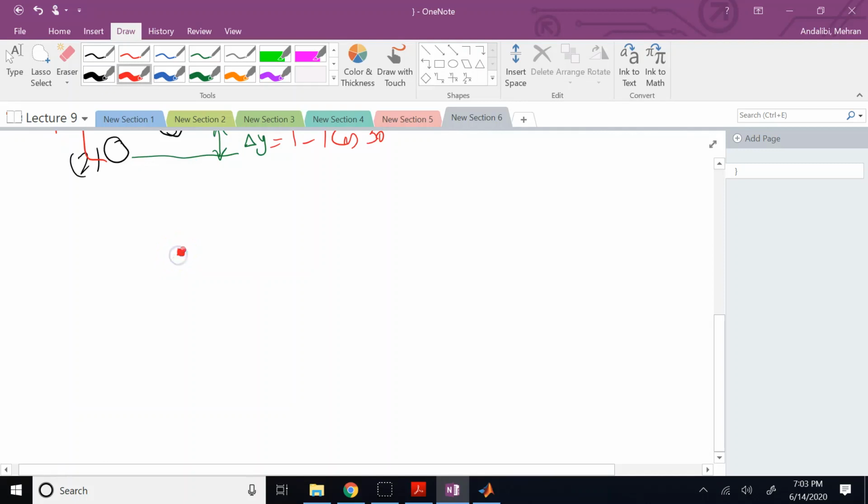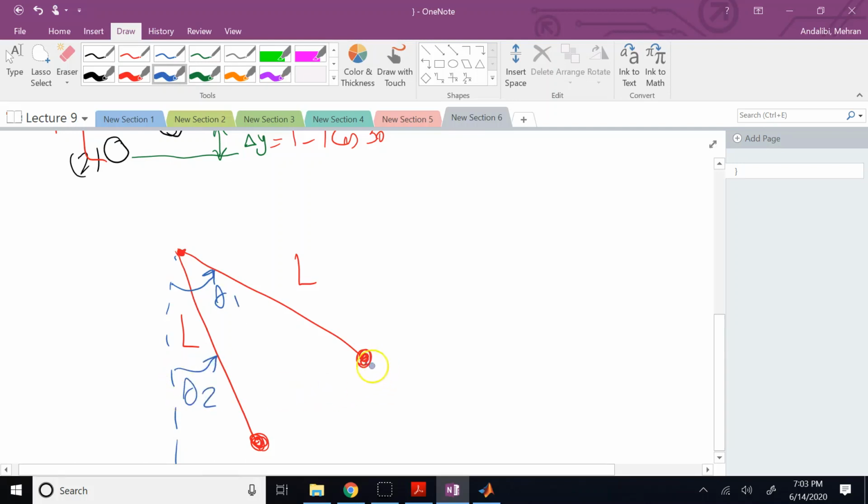If a pendulum moves between two positions, this one and this one, the length is L. This is a pendulum. The first angle here is theta 1. And the second angle is theta 2.